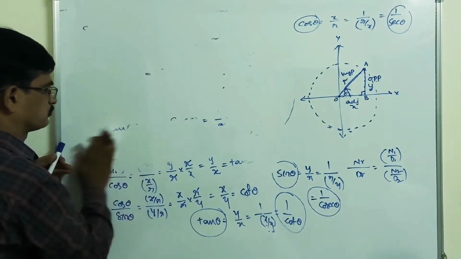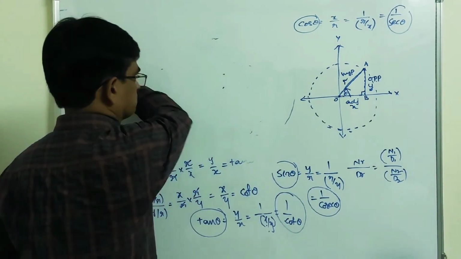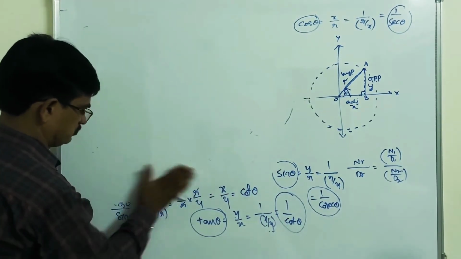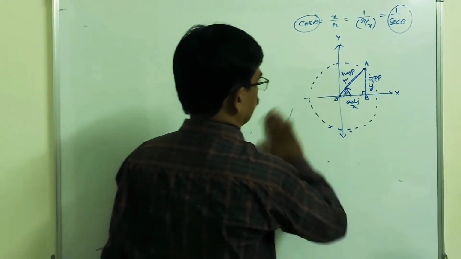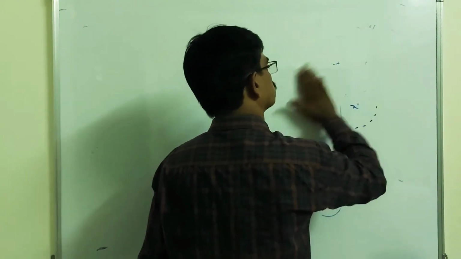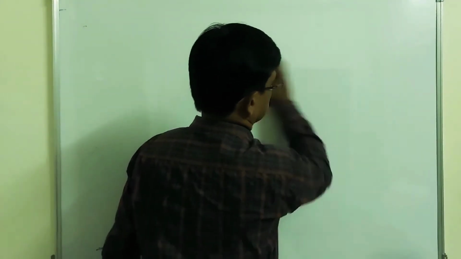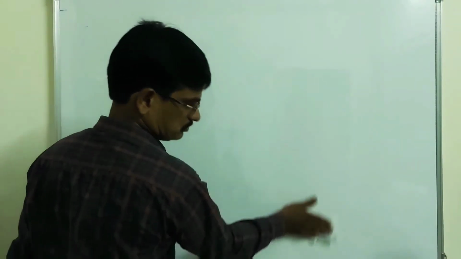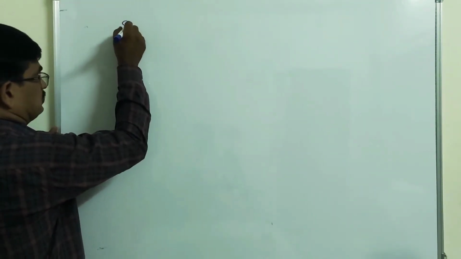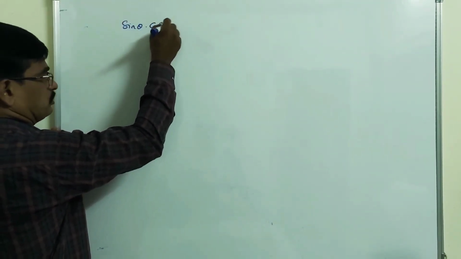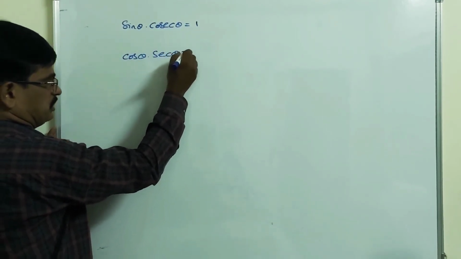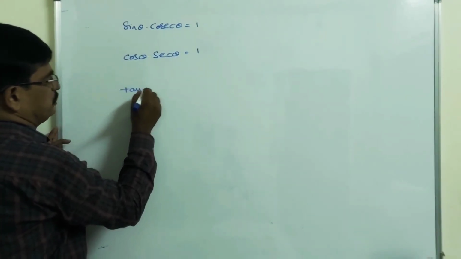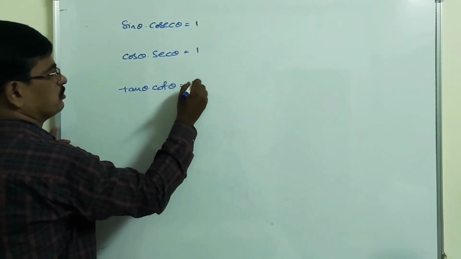I will write once again the reciprocals, very clearly. Sin theta into cosecant theta is equal to 1. Cos theta into secant theta is equal to 1. Tan theta into cot theta is equal to 1.